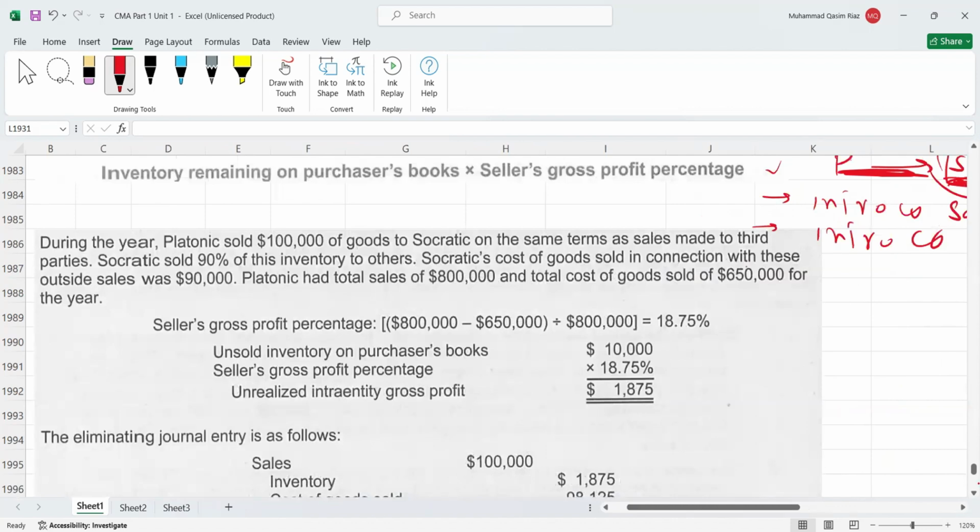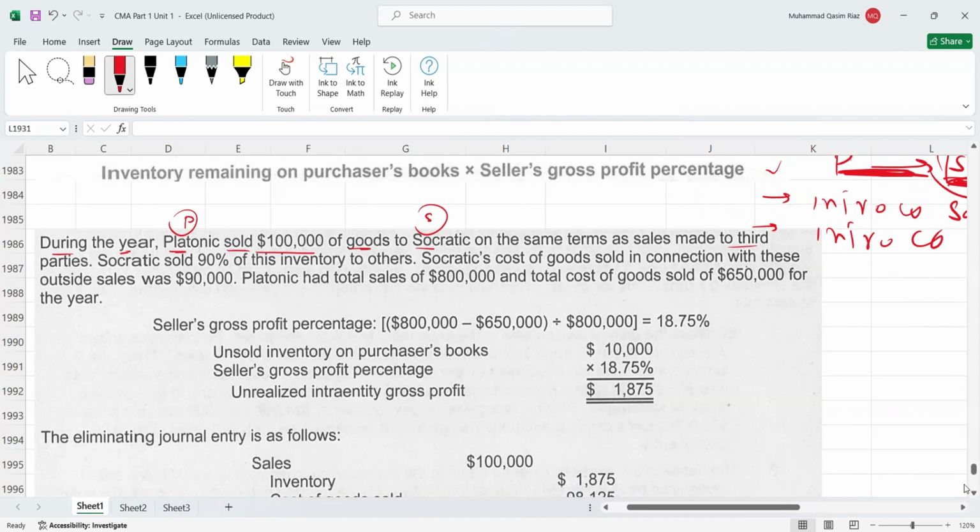For example, during the year, P sold $100,000 of goods to S. I'm assuming P is the parent and S is the subsidiary. P sold goods to S on the same terms as sales made to third parties, but it's an intra-company sale, right?